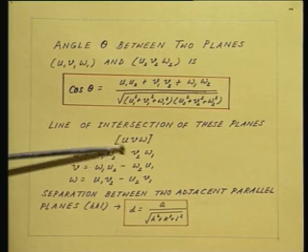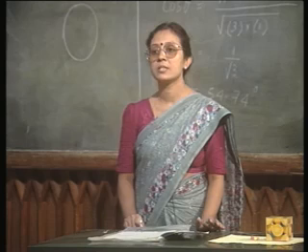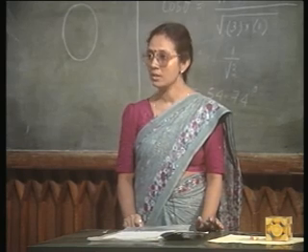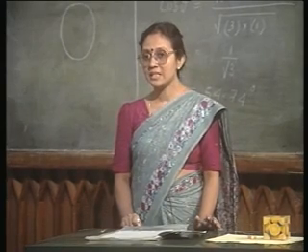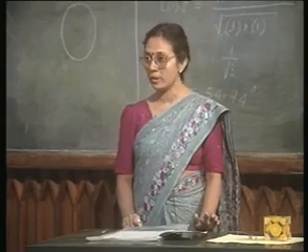These are the directions of the line. And between 1 0 0 and 1 1 1, if you work it out, you will find that the direction of the line is going to be 1 1 0. That is, along this 1 1 0 direction, the planes are going to meet.